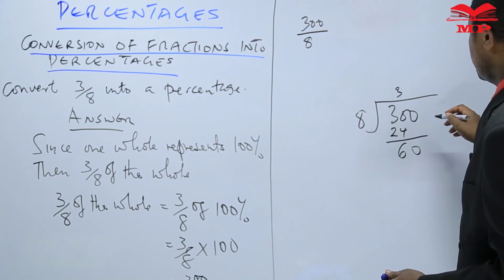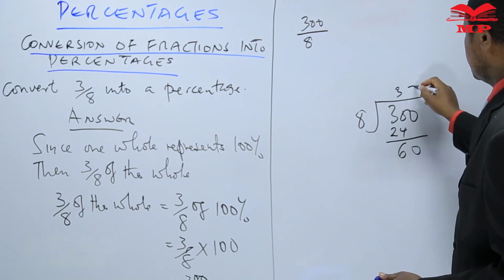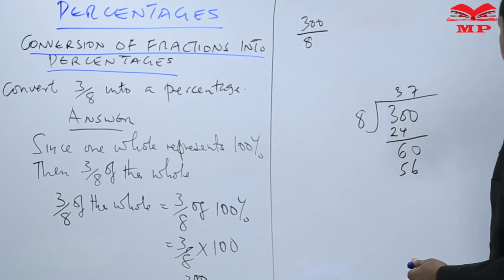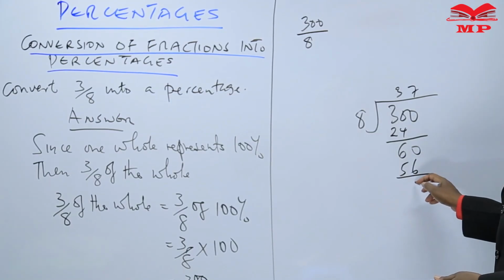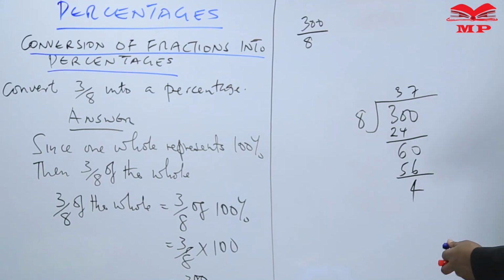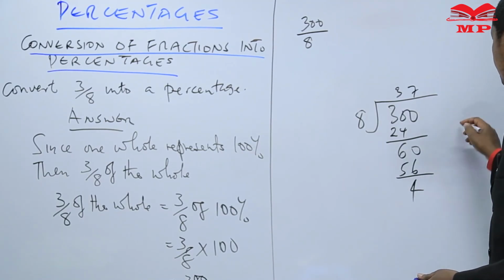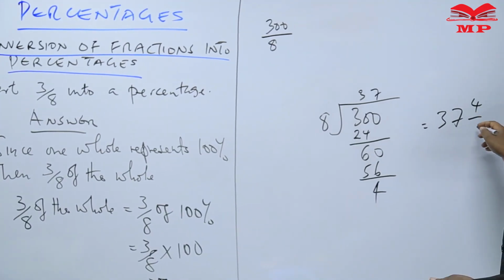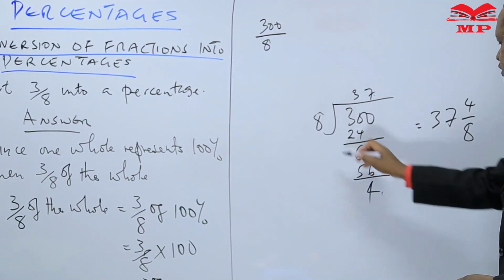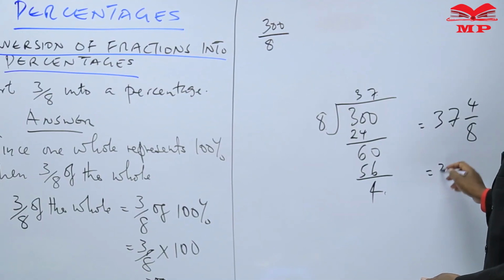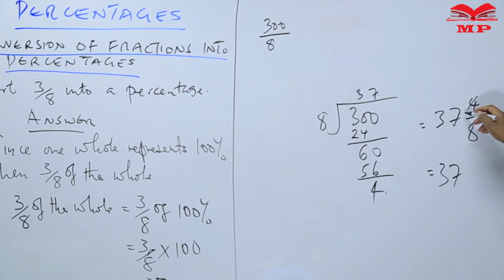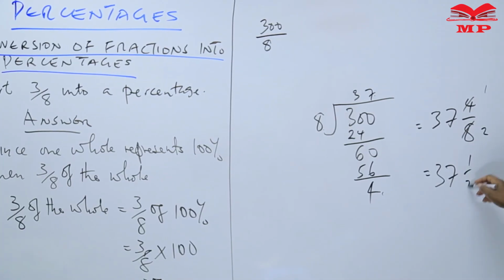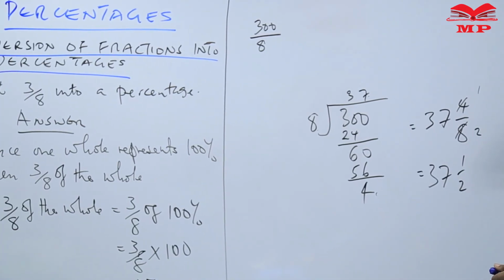It goes here 7 times, giving us 56, remainder 4 here. So the answer is 37 4 over 8, which is the same as 37. This cancels out, goes there once, goes here twice. This is a half, 37 and a half.